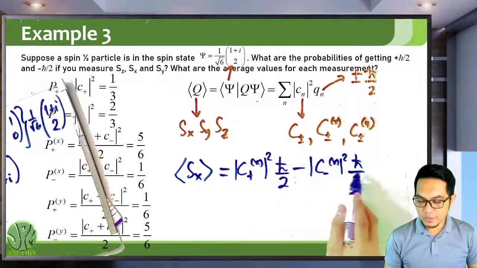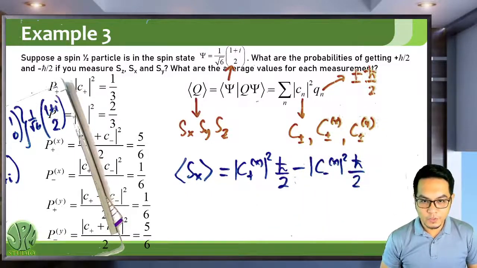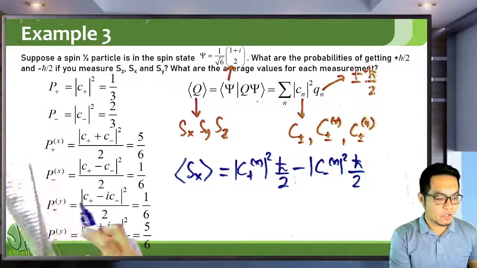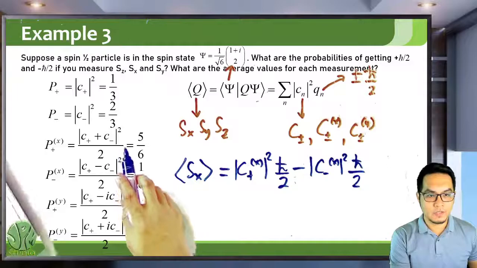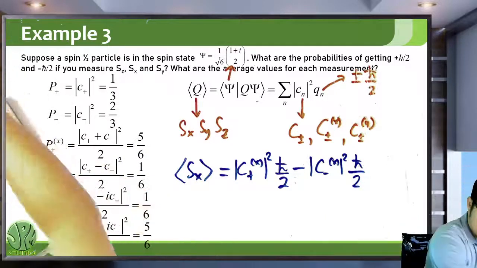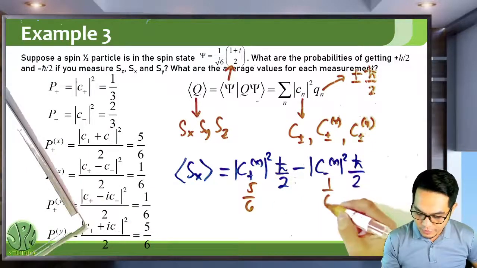The minus sign is because the second eigenvalue is negative h bar over 2. So we already know this. This is just a probability if you measure Sx, so this is 5 over 6, and this is 1 over 6.